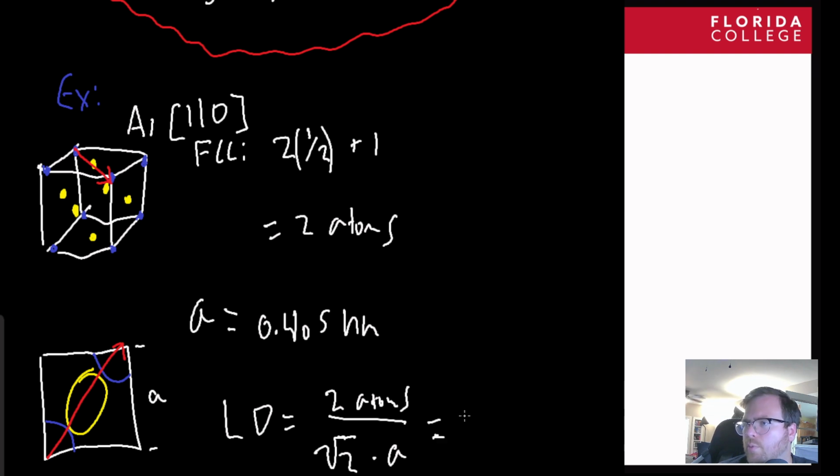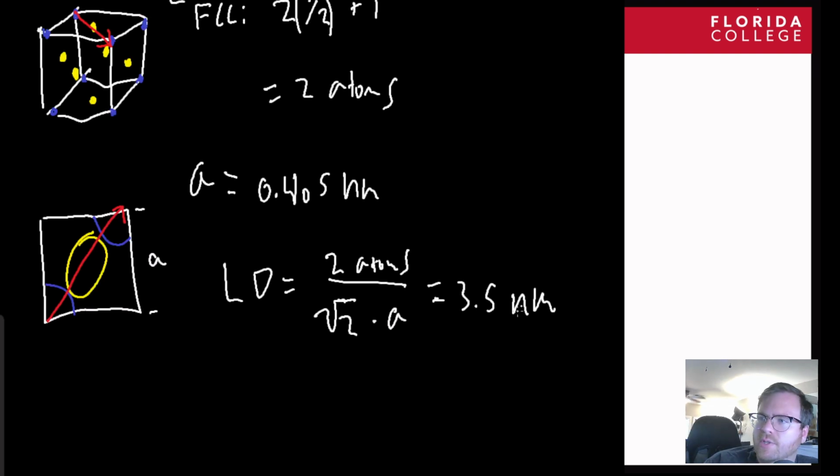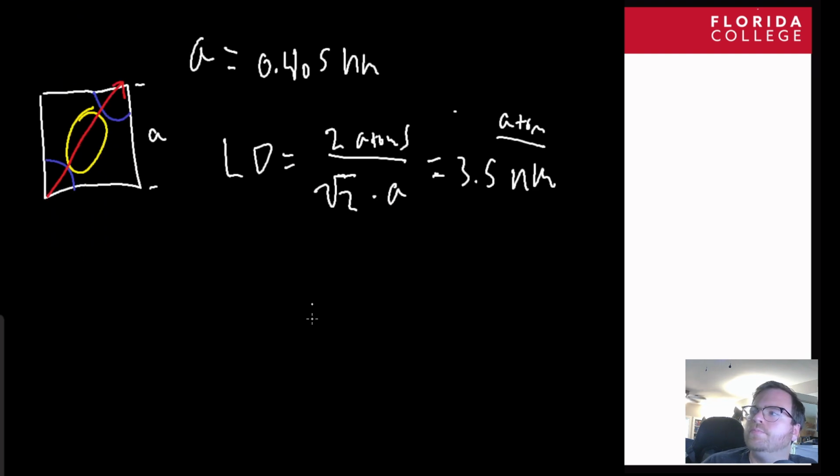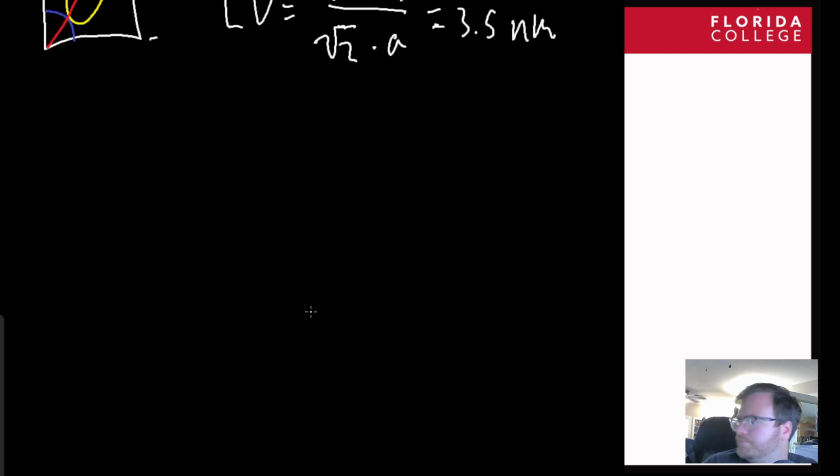And this will be equal to 3.5 atoms per nanometer. What that tells us is that for every nanometer along this vector, we're going to run into 3.5 atoms. So it's linear density.